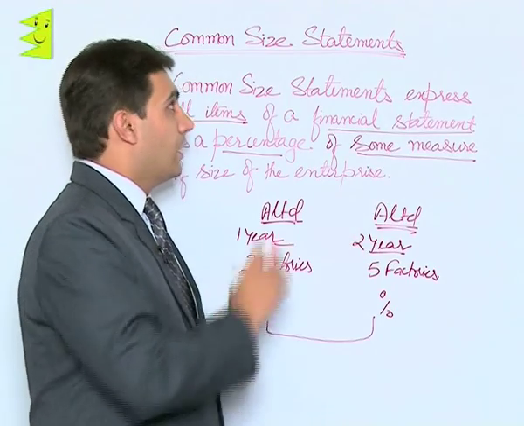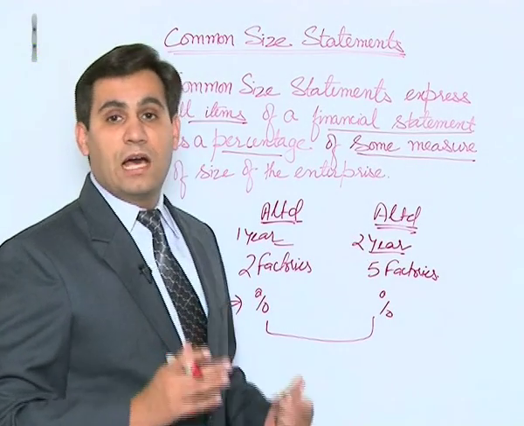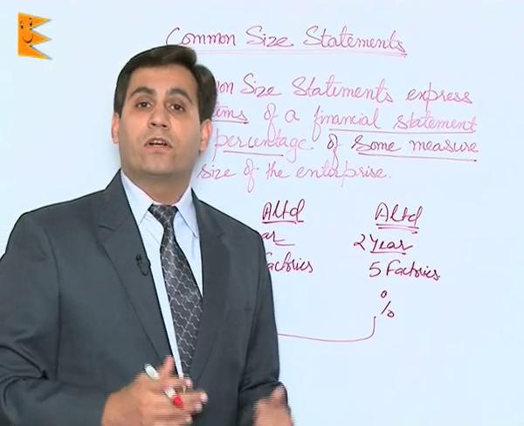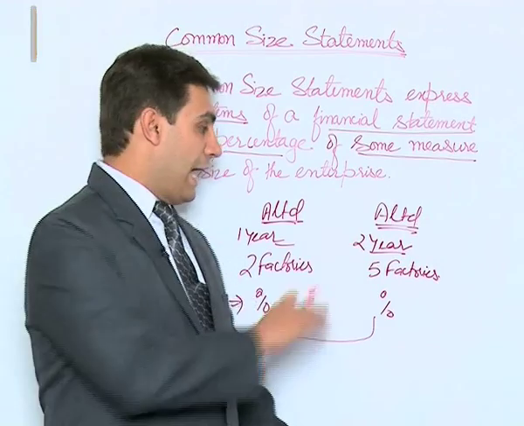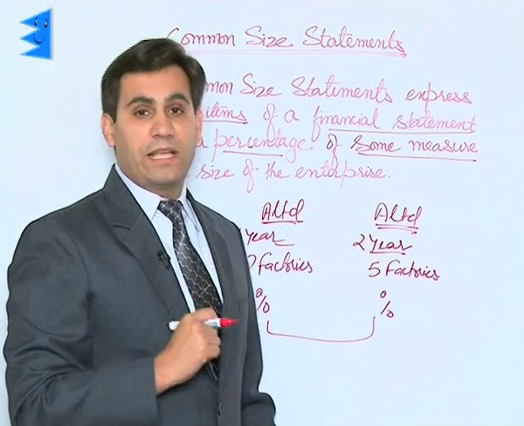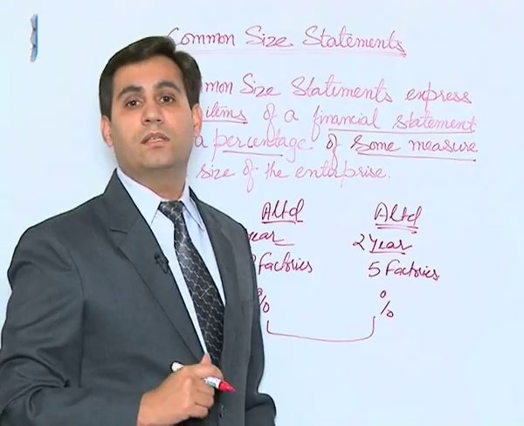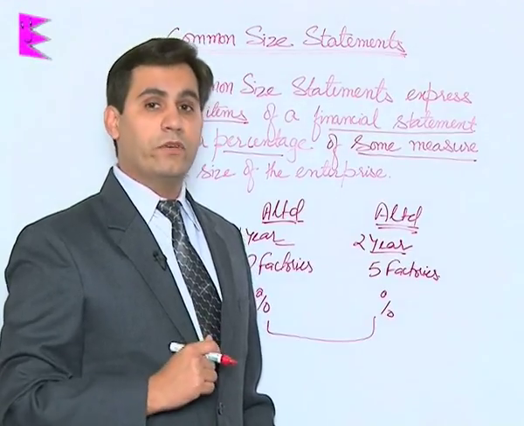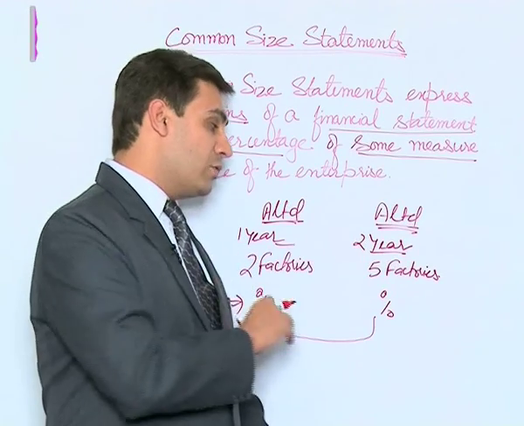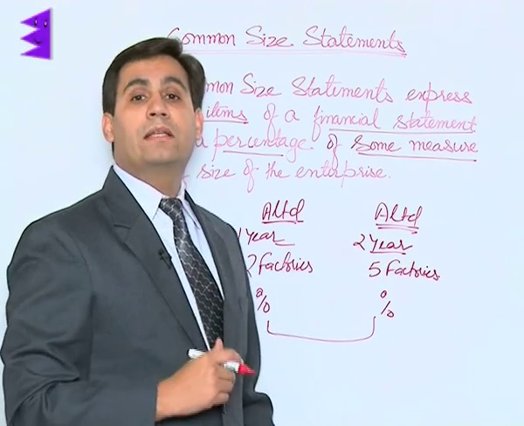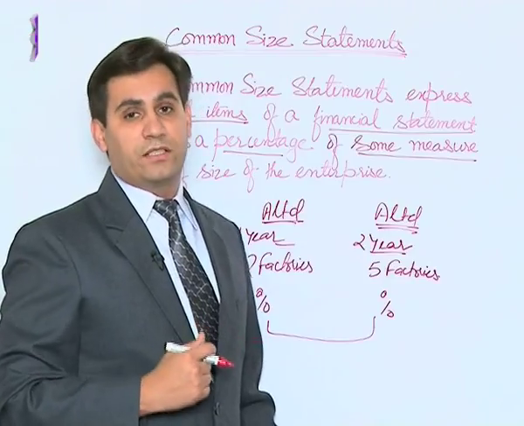So students, common size statements are the statements in which all the figures are expressed as a percentage of a common measure, and that common measure can be different for different statements. Like we just discussed, in case of profit and loss, the common measure can be net sales, and in case of balance sheet, the common measure can be assets. Based on these percentages, we can carry out our analysis and find out meaningful results.